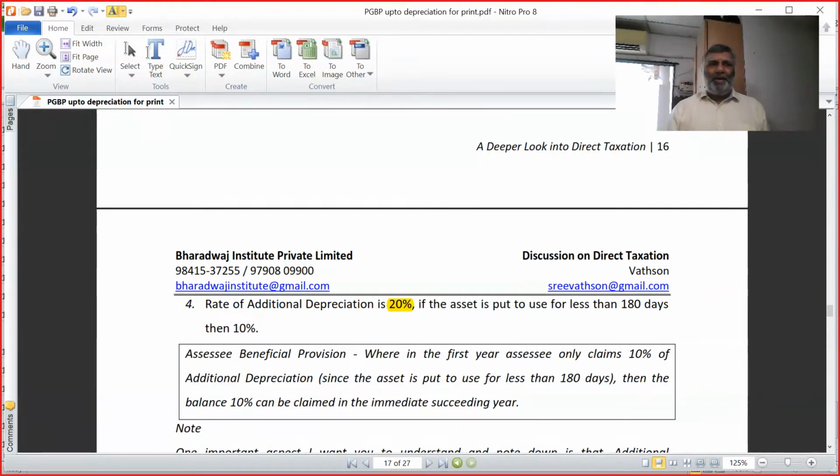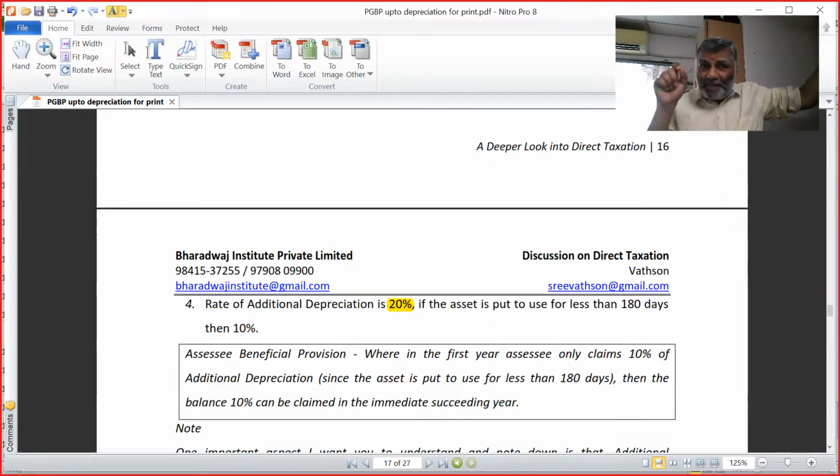There was a case law on forgings, which has now become law. The finance minister in the budget and the Act promises me 20%. They say that to promote the manufacturing sector, I am giving this additional depreciation of 20%.